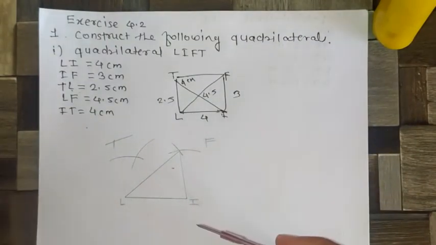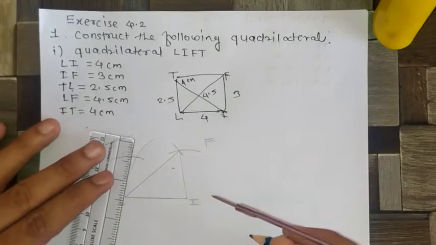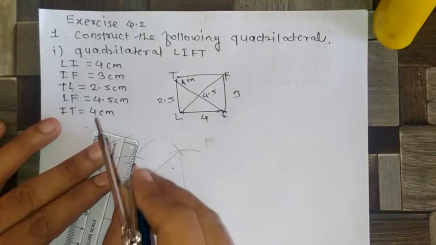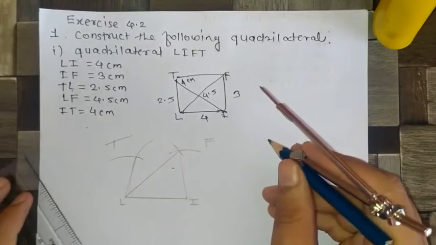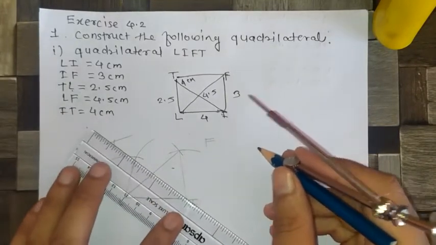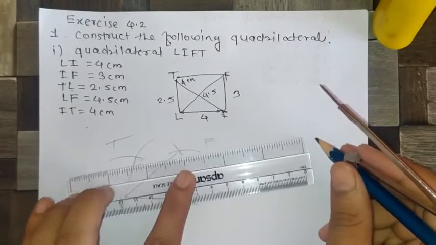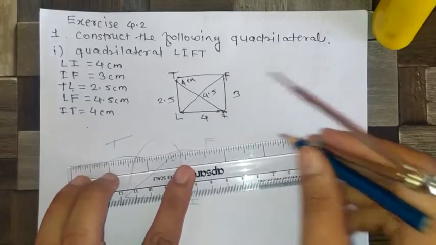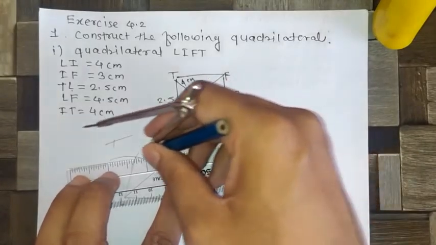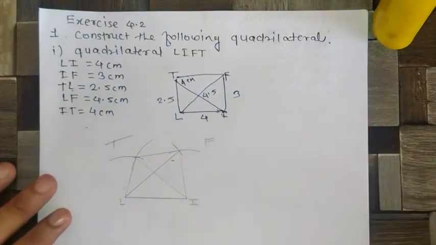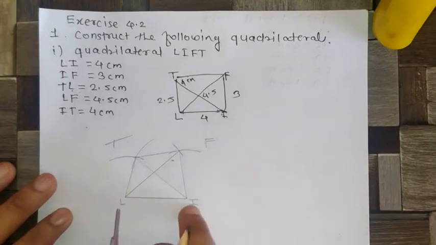Whatever I am telling, you can just write it in the steps also. Then you have to join this. You have to join LT and IT. Once it is done, upside we are getting 2 intersections, so that also you have to join. So our quadrilateral got ready. At the time of writing steps, you simply write: first draw LI whose measurement is 4 centimeter.